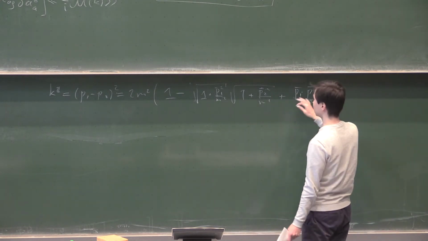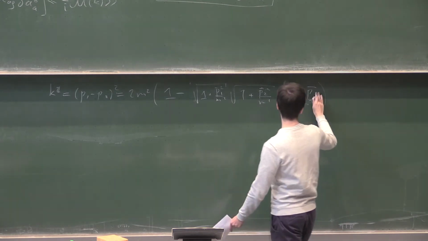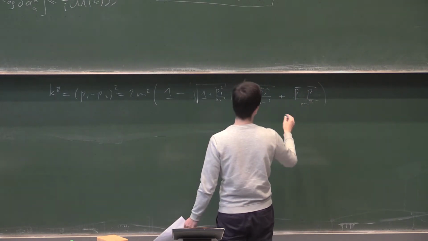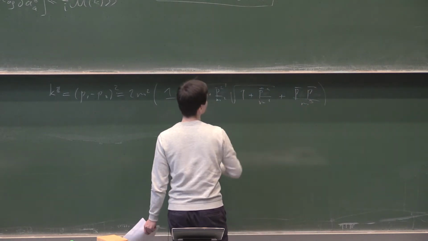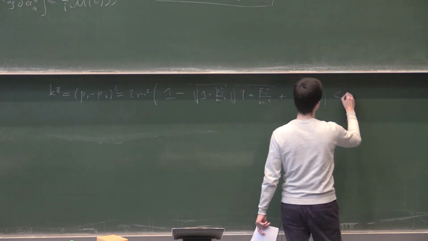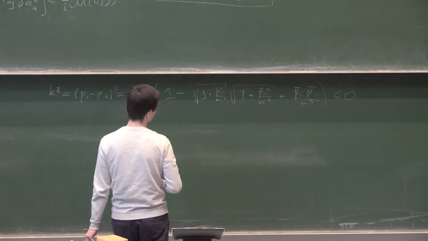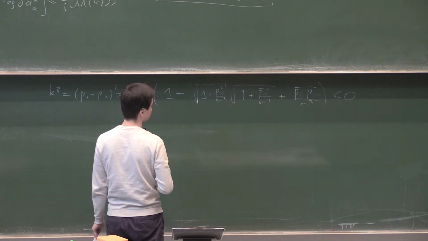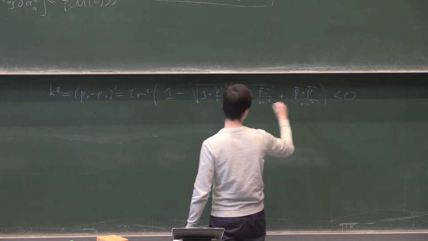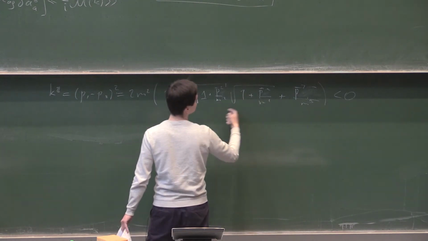And in the frame where they are more or less equal, since k is small, you see that it should be smaller than 0. So it is space-like. So it becomes p squared. And these two guys win over that guy.